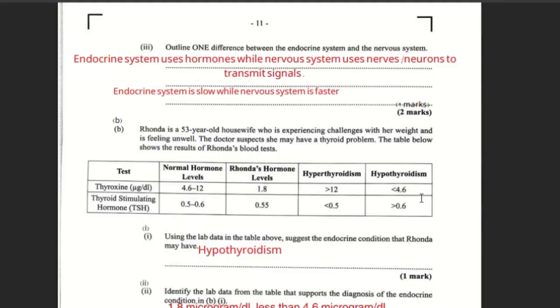With the nervous system, it has a target. For example, maybe we have a sensory neuron and we touch something, and it sends that message to the interneuron, and it gets to the brain. So the nervous system is a lot more precise.